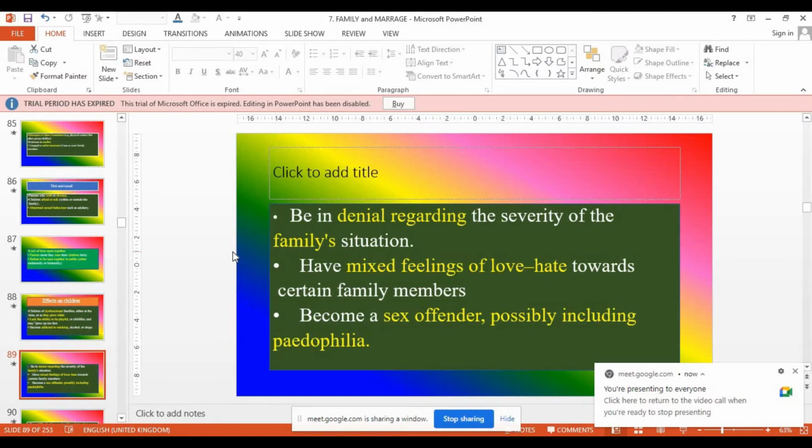The mixed feeling of love and hatred towards family members. Then become a sex offender, possible, including pedophilia.